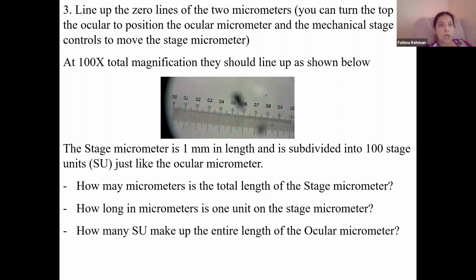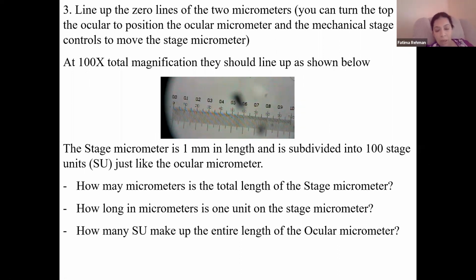Okay, since that is known information. So this is just going over what we just went over, that the total length of the stage micrometer is 1,000 micrometer, and one stage unit is going to be 10 micrometer. So what we do next is that we calibrate to the easiest one, which is the 10x objective lens.